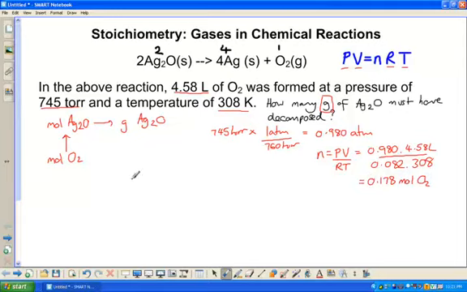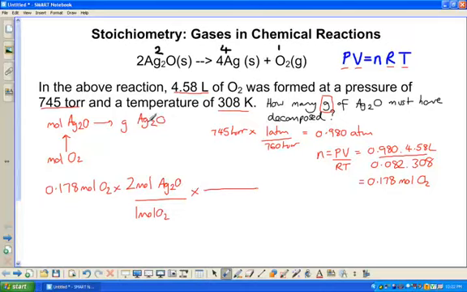Now, let's follow the path that we said we were going to follow. If we have 0.178 moles of oxygen, we look at our balanced equation and we know we have 2 moles of silver oxide for every 1 mole of oxygen. To get to our grams of silver oxide, we just need the molar mass.